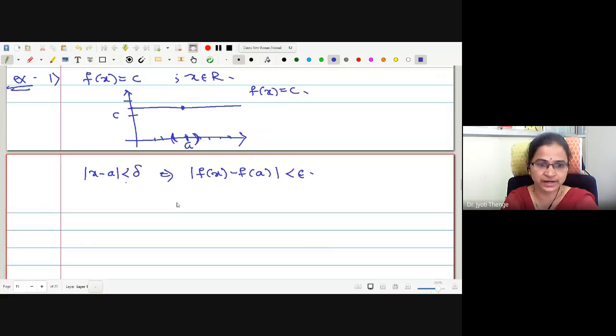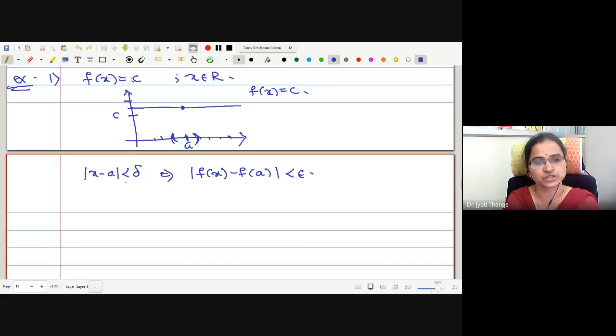Mod of x minus a less than delta implies mod of f of x minus f of a less than epsilon is the statement, and we want to find the epsilon delta relation. Can anyone tell me how I can find the epsilon delta relation? What is f of x in this case?